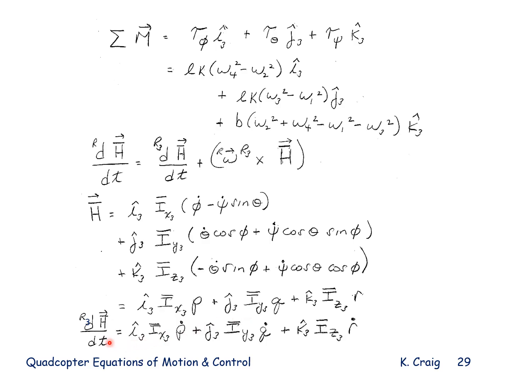If I take the derivative of this expression in the R3 reference frame, the body fixed reference frame, the unit vectors are fixed in that reference frame, as are the mass moments of inertia, I bar x3, I bar y3, I bar z3. And so this derivative is made up of the following terms, with a p dot, a q dot, and an r dot.